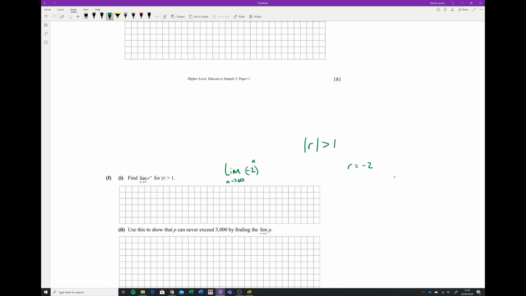When you put 1 in, you get minus 2, but then you get 4, then minus 8, then plus 16, minus 32, plus 64, minus 128. It's not headed towards a particular place. It's swinging. In one half it's getting closer to minus infinity, and on the other it's going to plus infinity, but it's not going to one particular place itself. So if we were saying that r is greater than 1, what we would be saying here is infinity, but in this case it's not, so you just need to be a little bit careful of that.